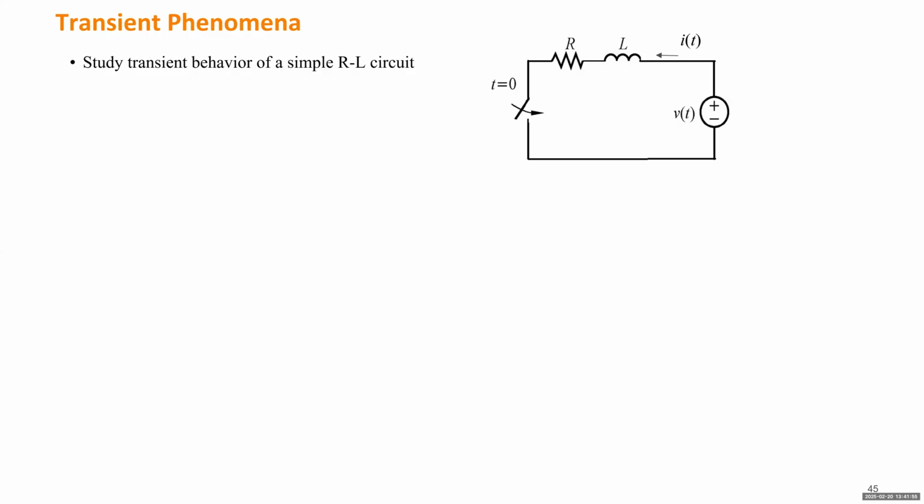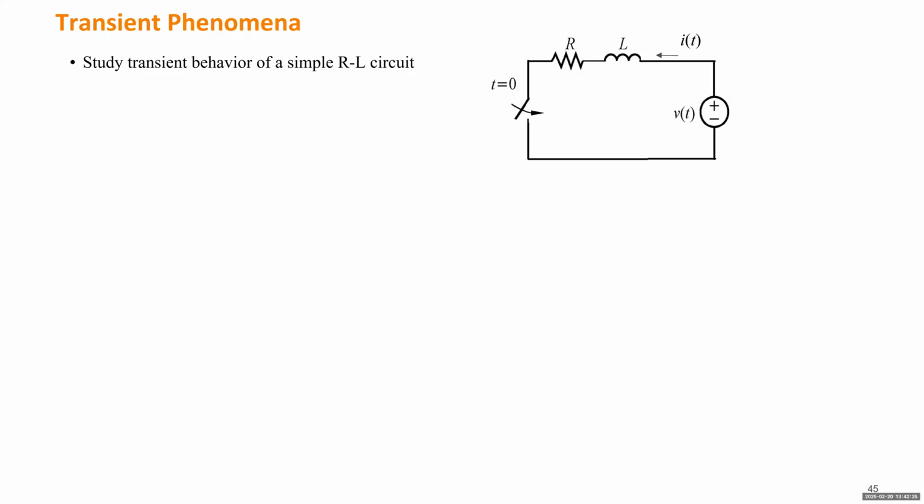Let's start from a very simple circuit with a single resistance and single inductance powered by a voltage source. It can be just a sinusoidal voltage source, like an AC source. And we introduce some disturbance, so we can turn the switch on or off. For this case, let's assume at time 0 we just close the switch.